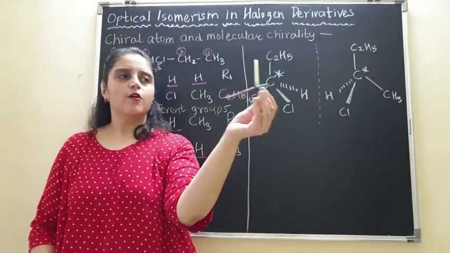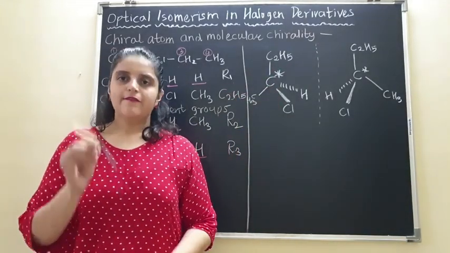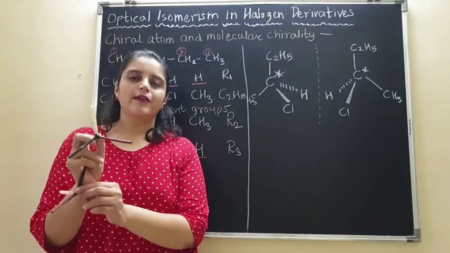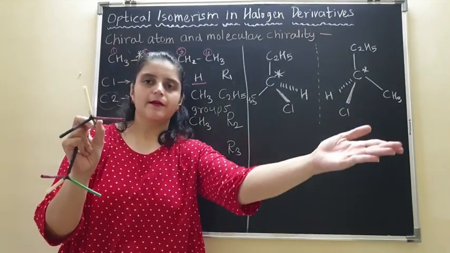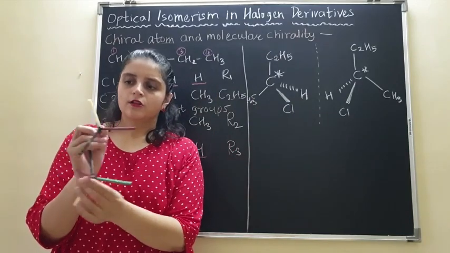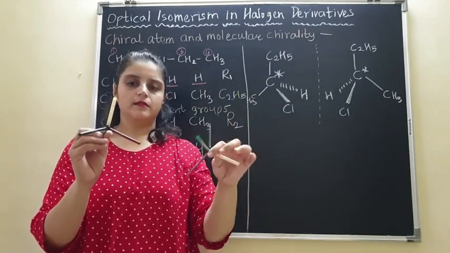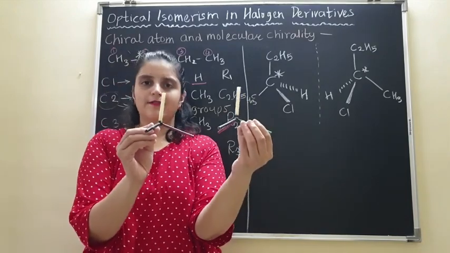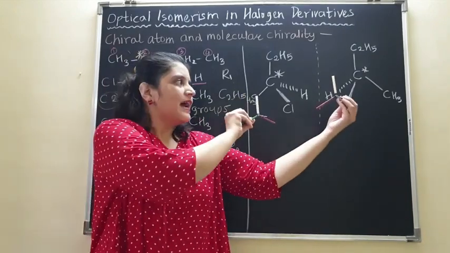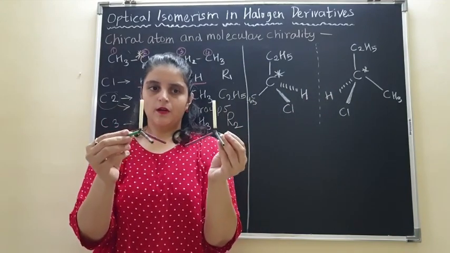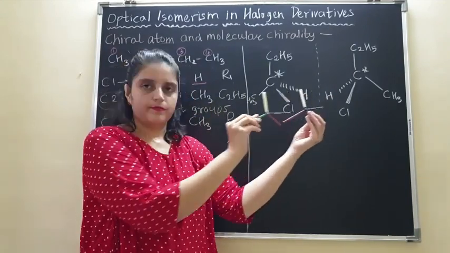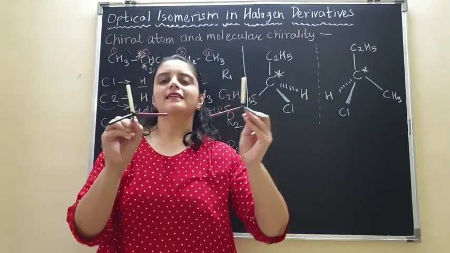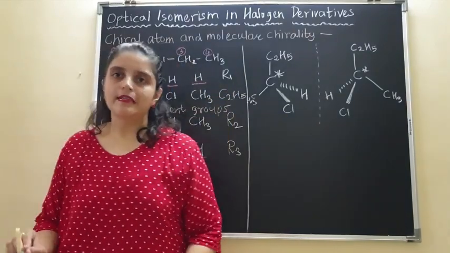Now if this is our original image, and if I keep a mirror over here, I will be getting a mirror image on other side. So the mirror image will look like this. So similarly I have drawn 2 structures, okay, like this. So these are the 2 mirror images of each other.